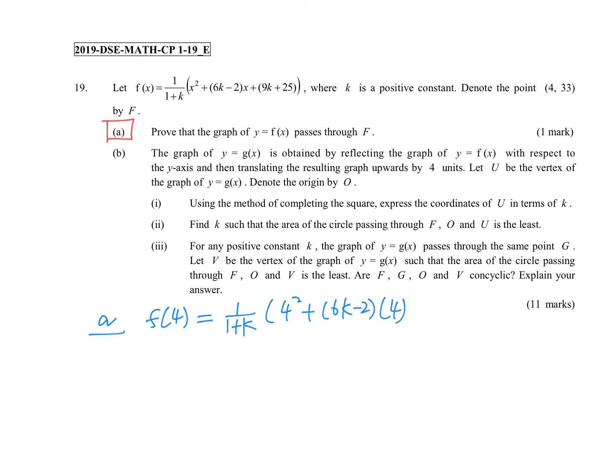So first of all, do the substitution, and then try to simplify the stuff inside. So 9k plus 24k, that would be 33k, and then after that plus 33, so it's 33.